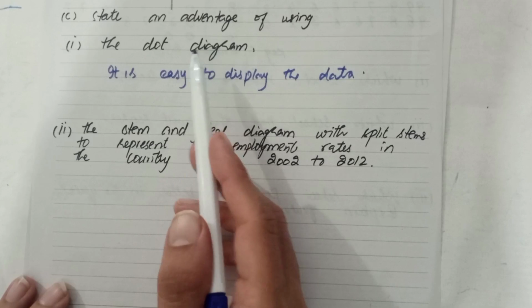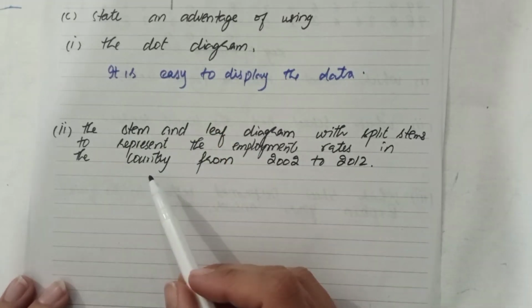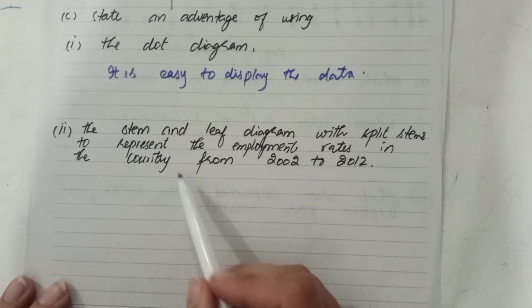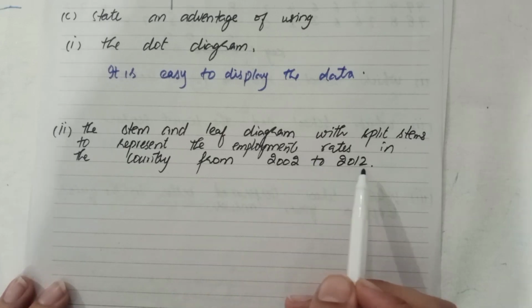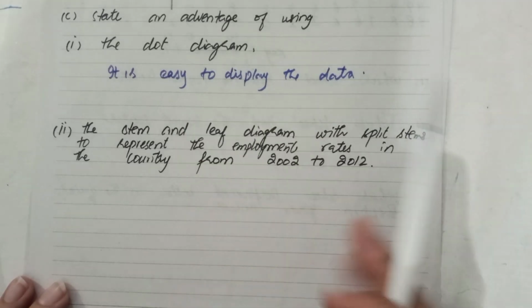Part two, we also write the advantage of the stem and leaf diagram with split stems to represent the unemployment rate in a country from 2002 to 2012. We have to write the advantage of it.